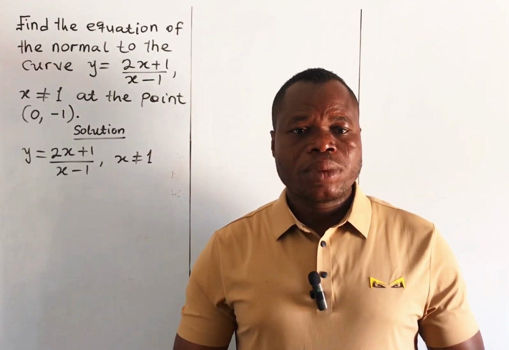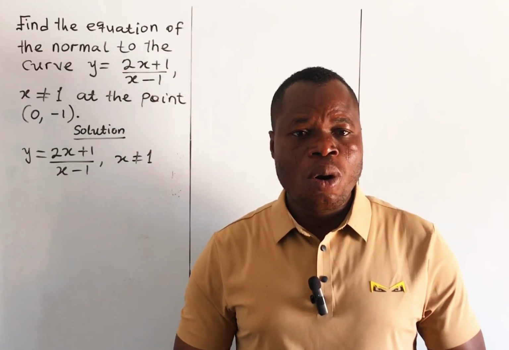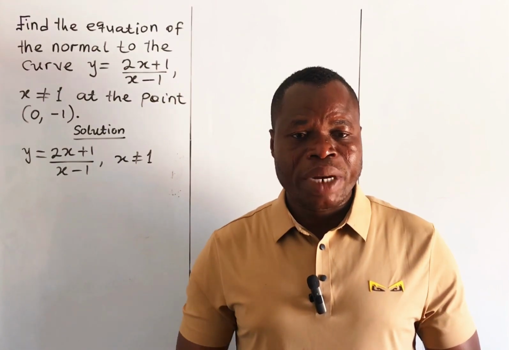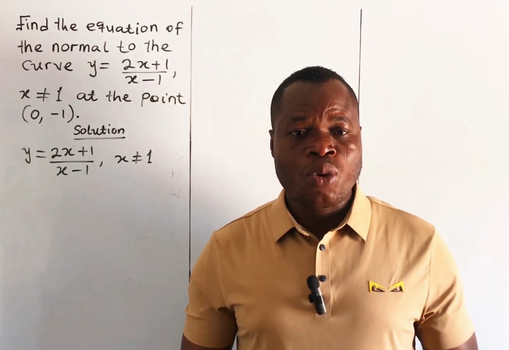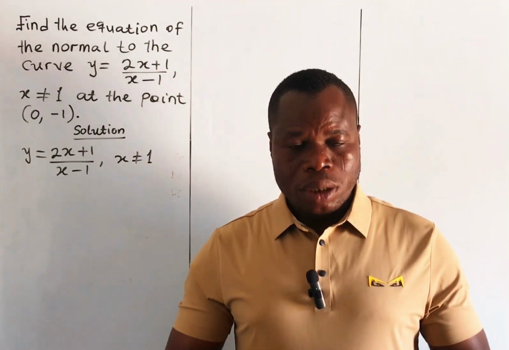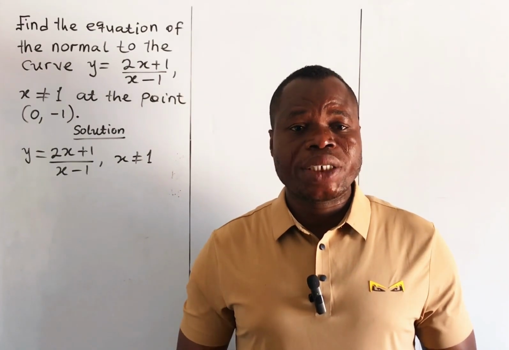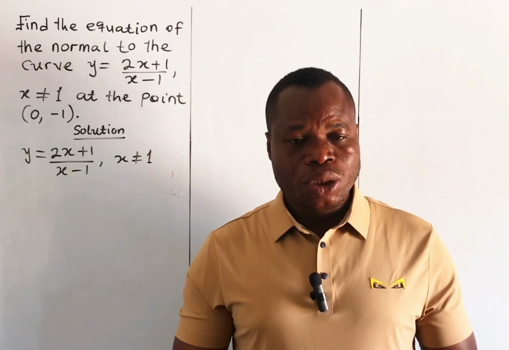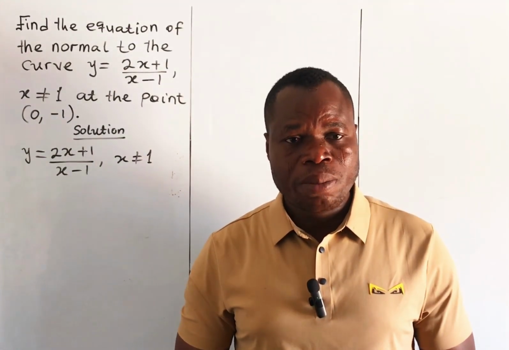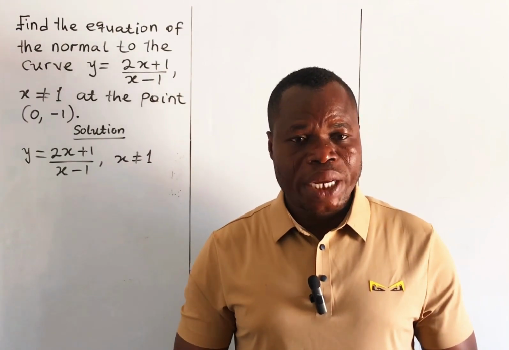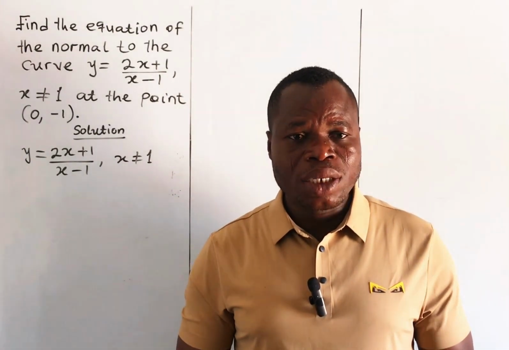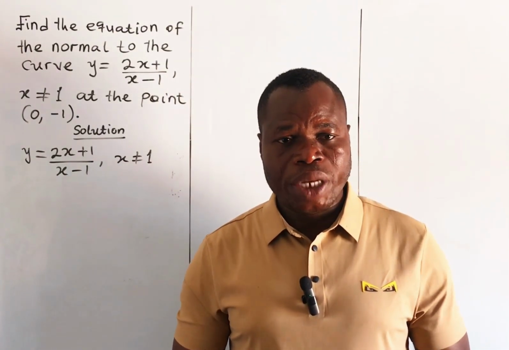This question is 2024 WASSCE Elective Mathematics Theory Question 4. The question was a composite question for the candidates to solve for their marks. Let's read the question together and look at the ideal solution of the question.